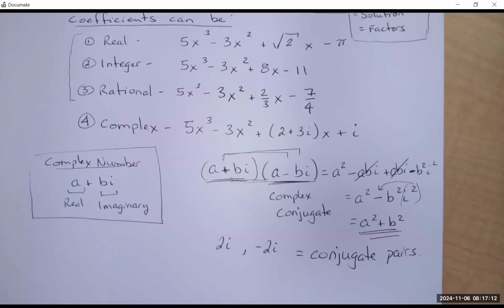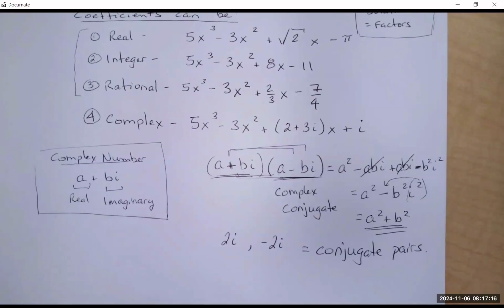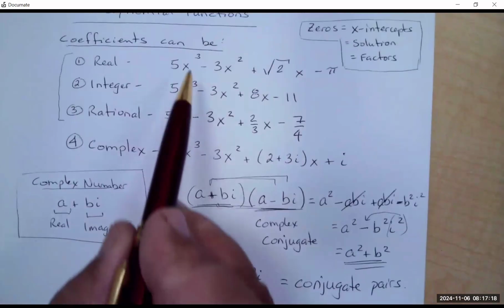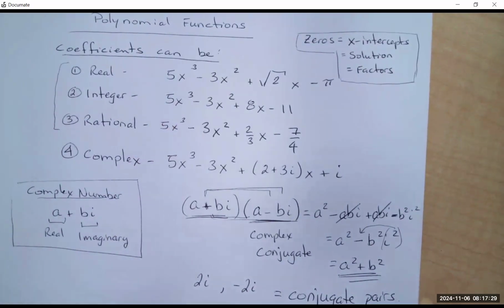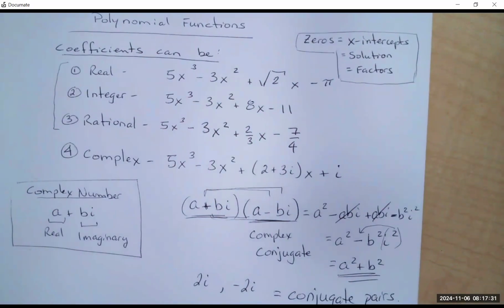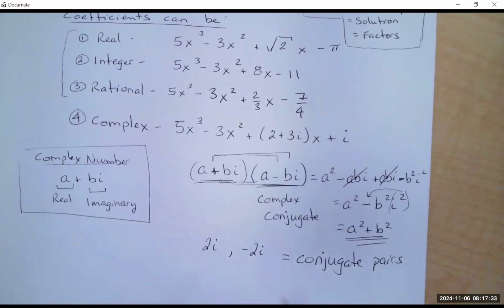Now, why is that important? Let's think about it. In all of these examples I have here, what degree is it? What's the degree of all four of these examples? Three. So that means we have three possible solutions. If one of them is 2i, then the other one has to be negative 2i.